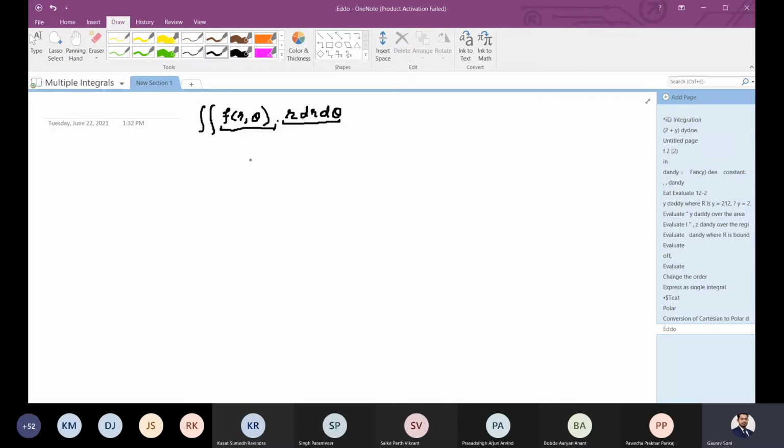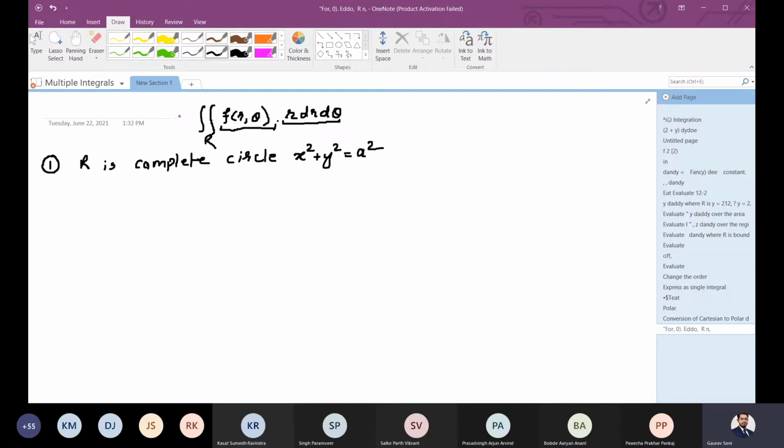Now what we need to discuss is the various cases in which we need to give the limits for the region R. So R is the complete circle x square plus y square equal to a square.